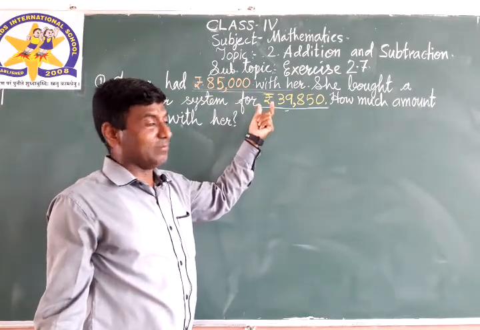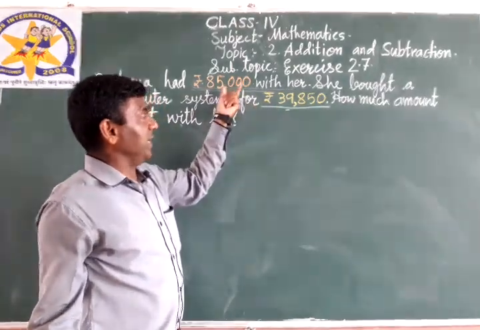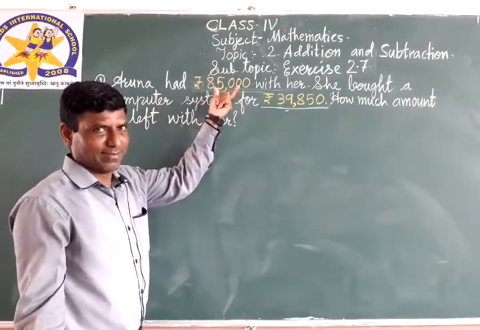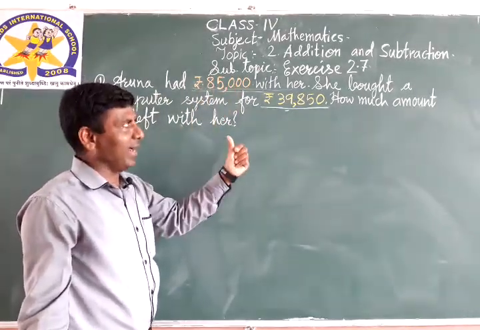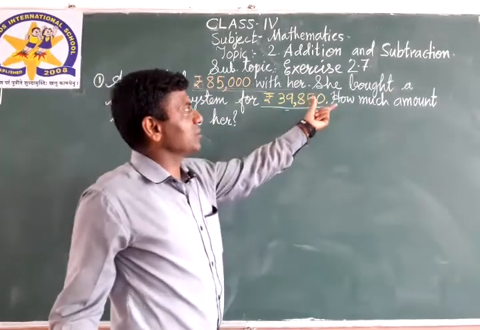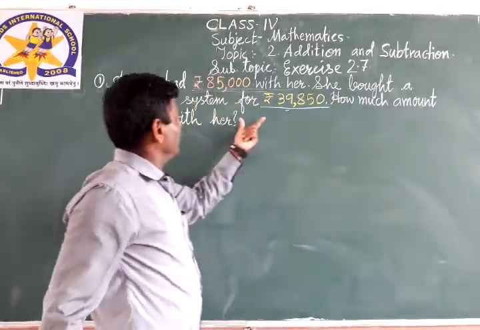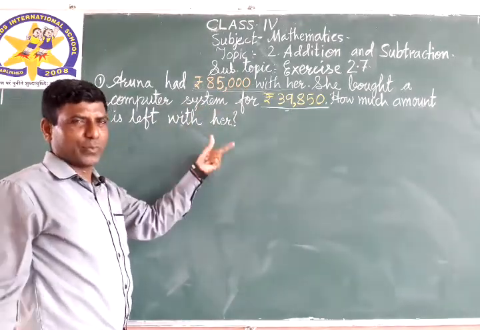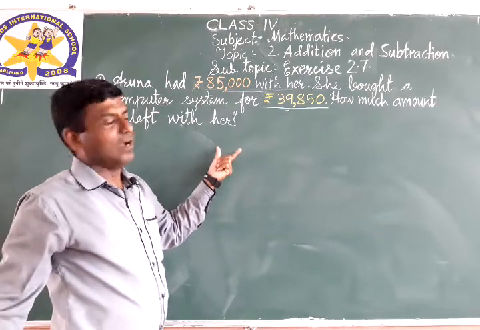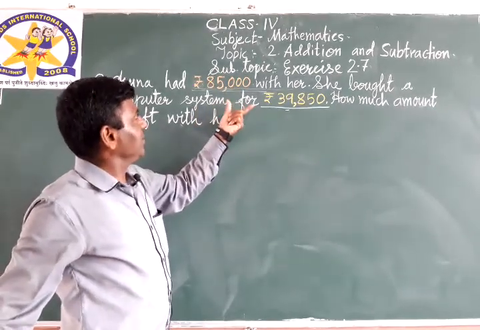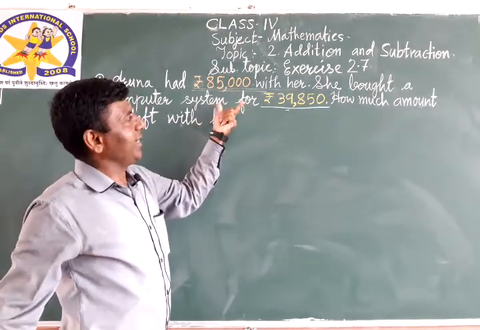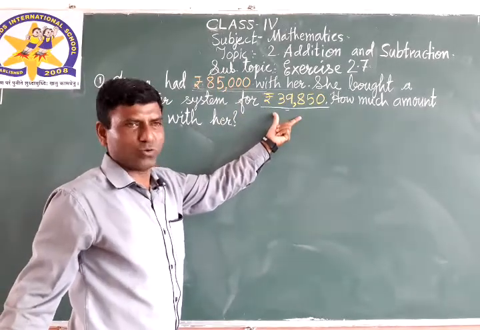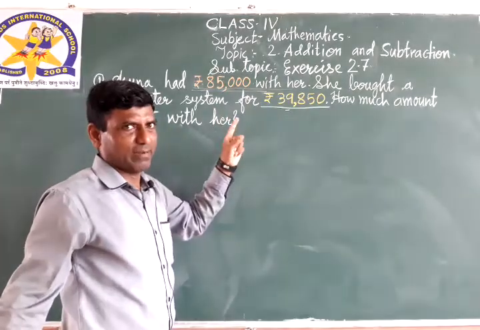What is given in the problem? How much amount of money Aruna has with her is given, and how many rupees she spent to buy a computer system. These two things are given.